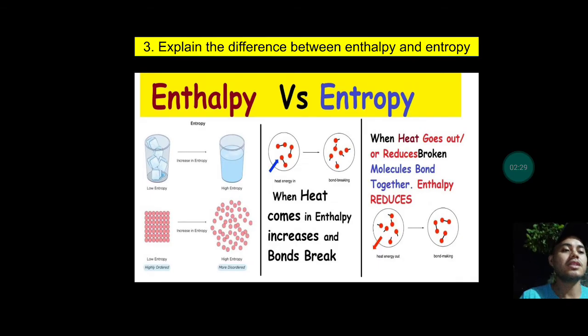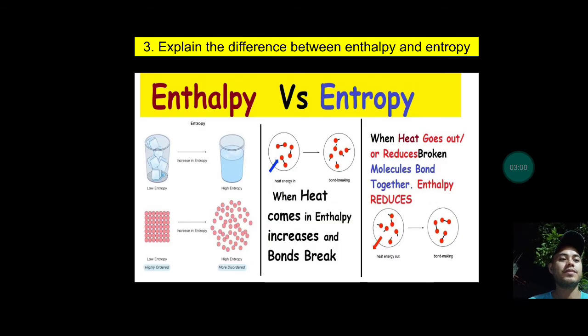But in some cases, for example, if you compress air, the entropy, or the randomness of the molecules in the air, decreases. But if you compress air, heat energy increases, so enthalpy increases.